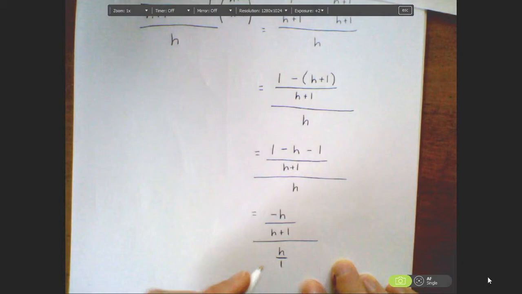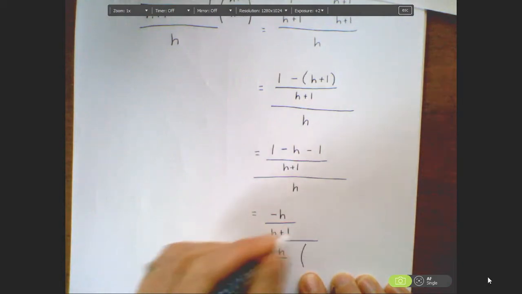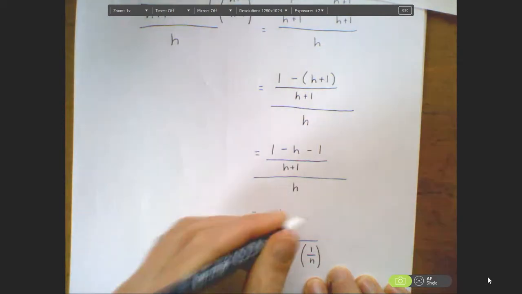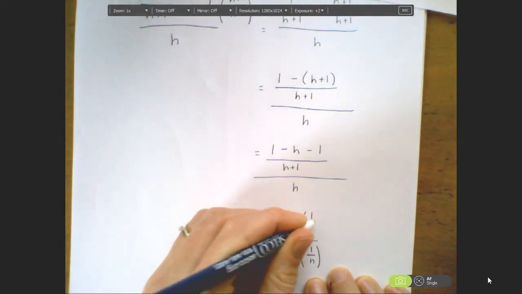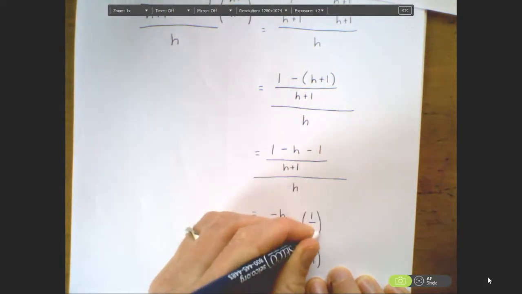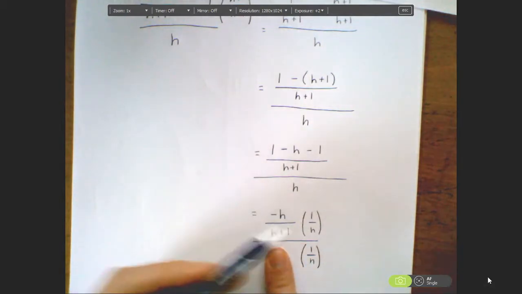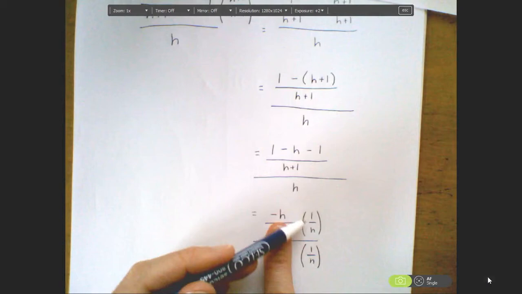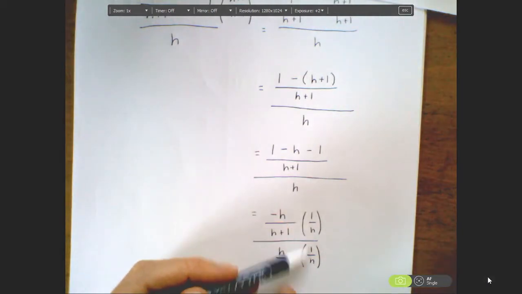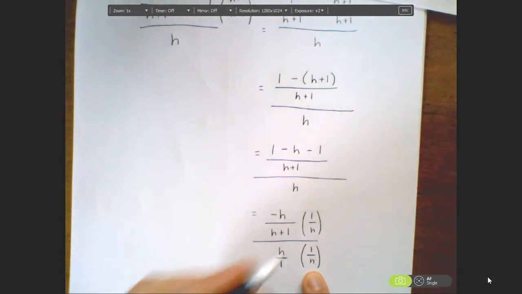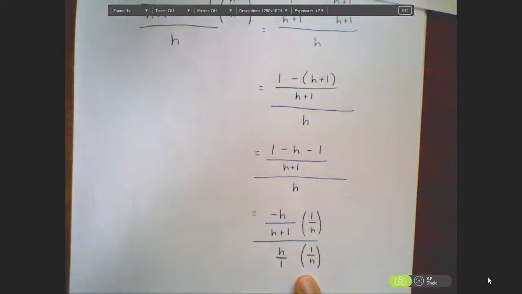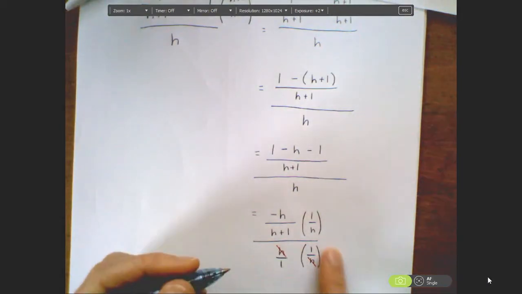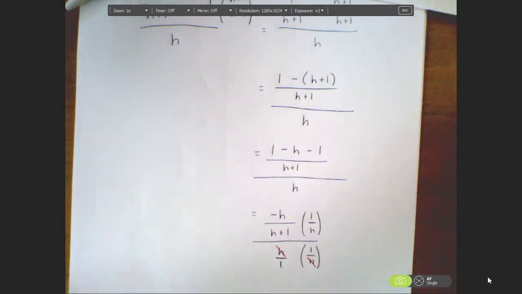denominator equal to 1. So I'm going to multiply the bottom of this big fraction by 1 over h, and I'm also going to multiply the top of this big fraction by 1 over h. I'm not changing anything, I'm just multiplying by a clever version of 1. In this case, the clever version of 1 is 1 over h divided by 1 over h. But look what happens. My denominator values cancel one another, and I'm left with just a 1 in the denominator.